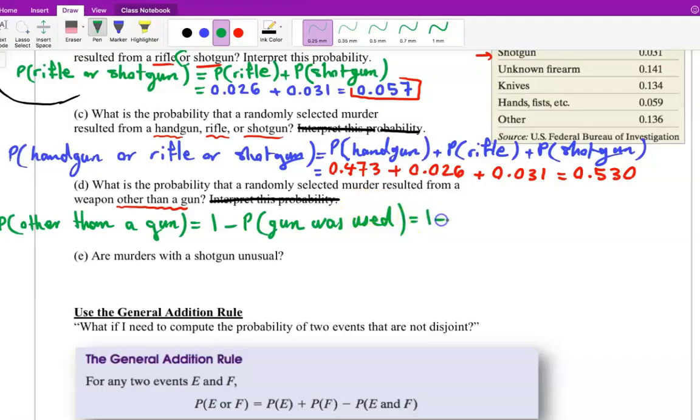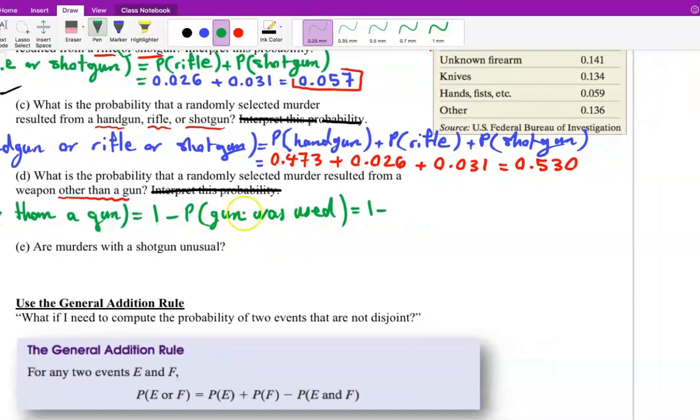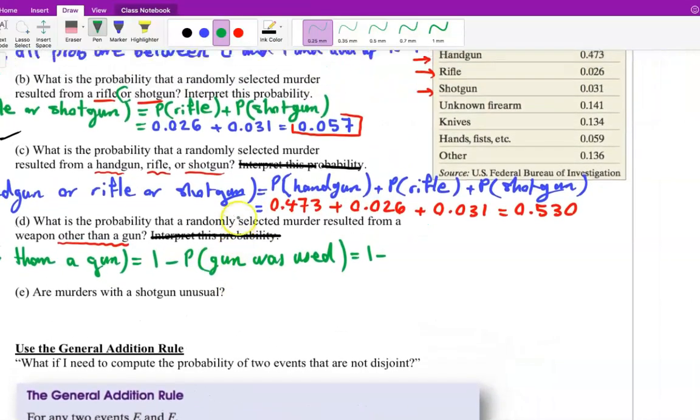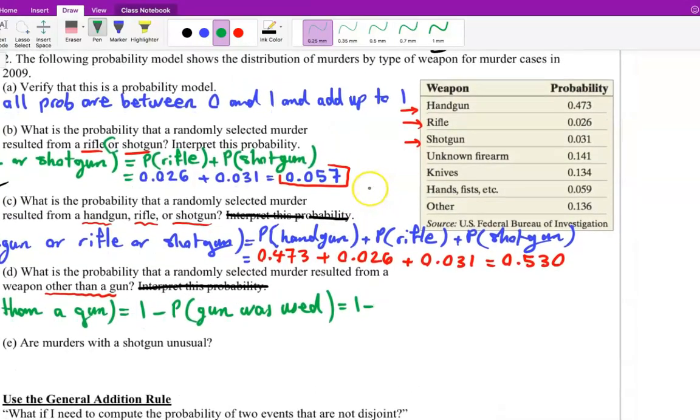That is equal to 1 minus. What this means, gun was used. Here we have these 4. So that is probability of handgun or rifle or shotgun or unknown firearm.